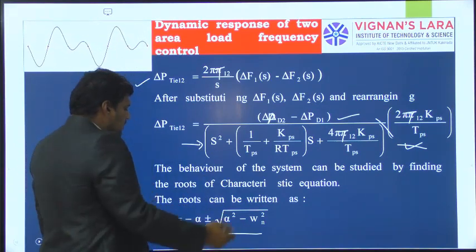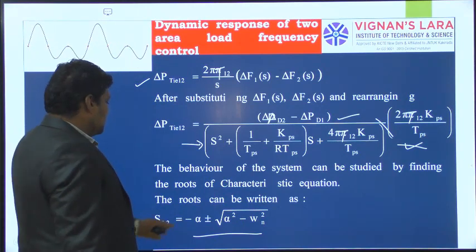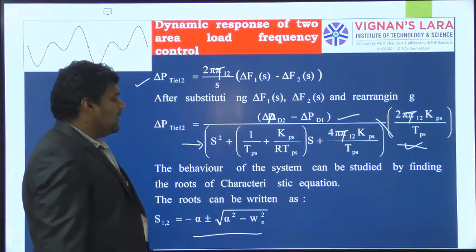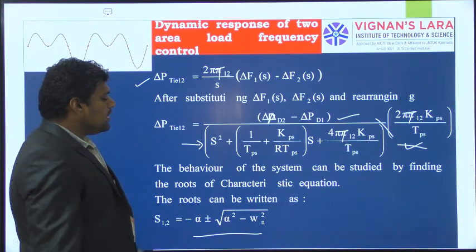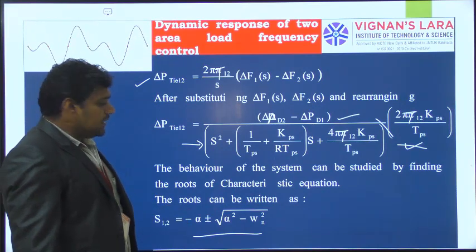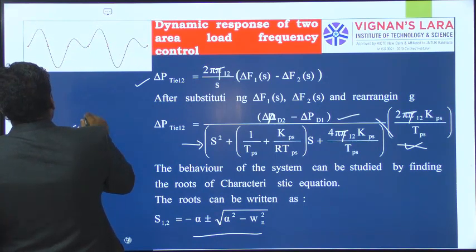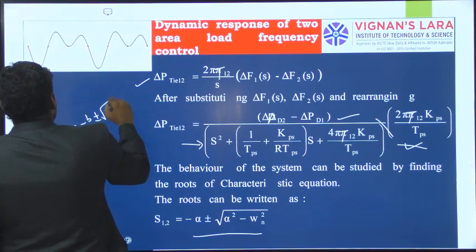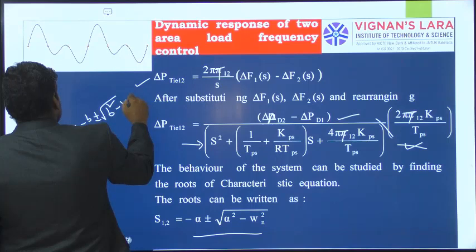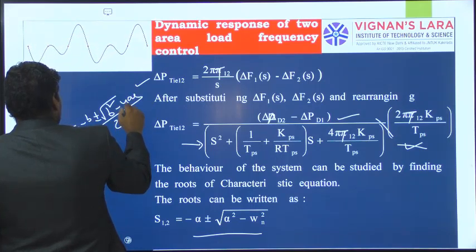S1,2 is equal to minus alpha plus or minus root of alpha square minus omega n square. We know the roots: S1,2 is equal to minus b plus or minus root of b square minus 4ac by 2a.